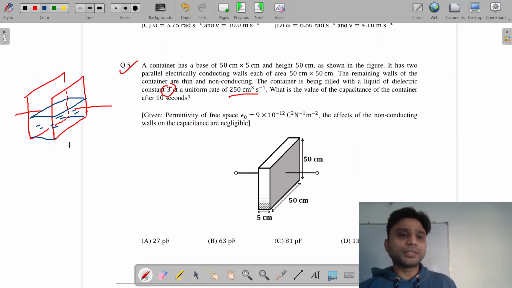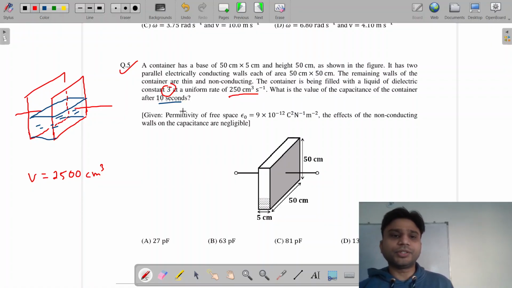As this fluid is rising at a certain rate, we can say that at 10 seconds the fluid would have reached a volume of 2500 centimeter cube, right?